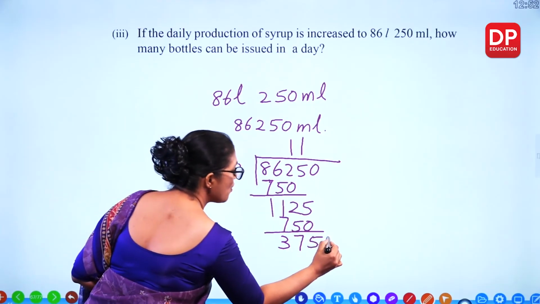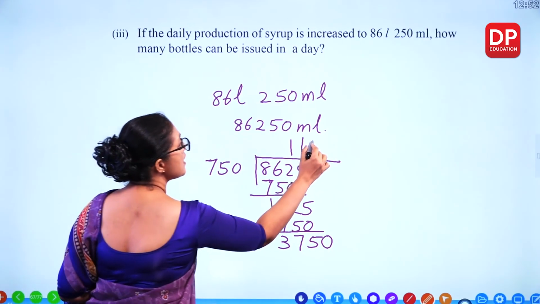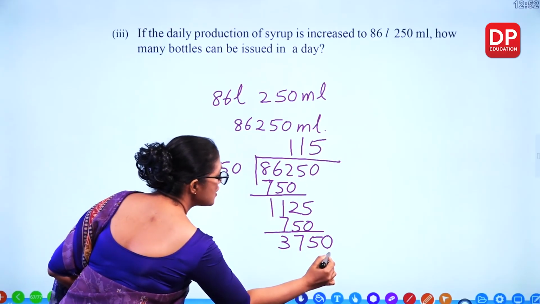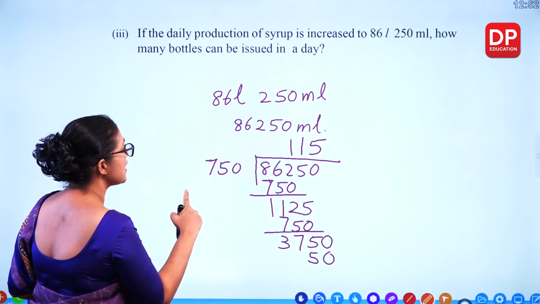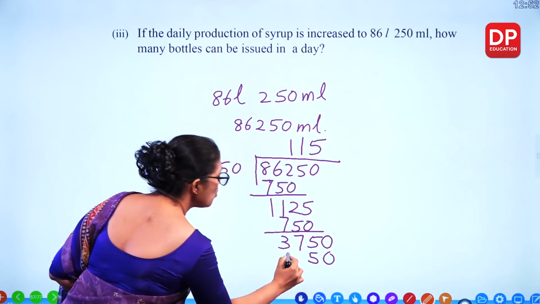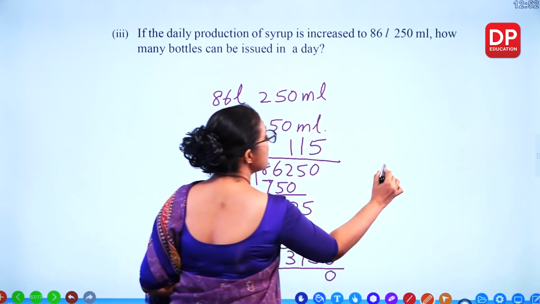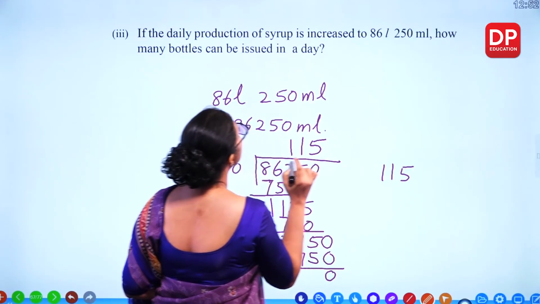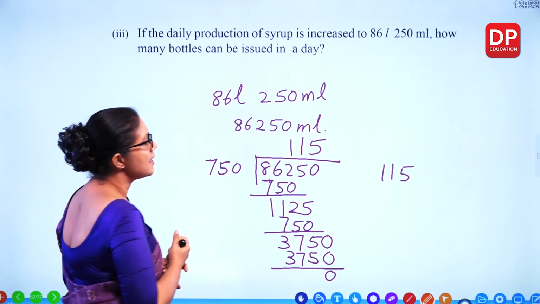So take this 0. So how many are there? So we'll take 5 here. 5 times 0, 0. 5 times 5, 25. 2 remaining. 5 times 7, 35 plus 2, 37. So you get 115 bottles in a day.